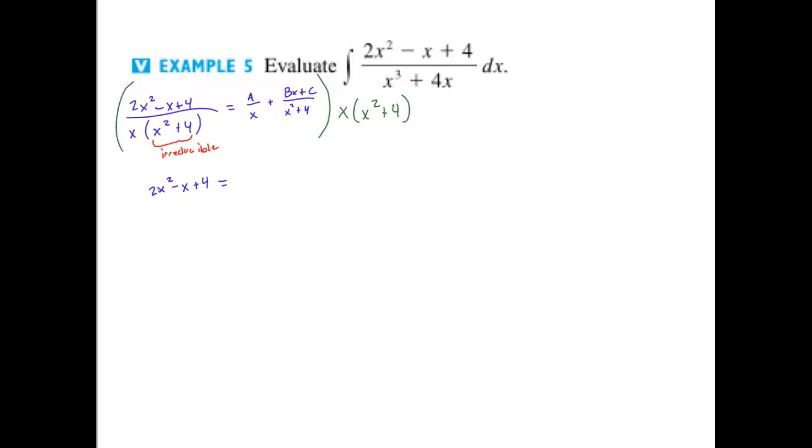The right-hand side, when I multiply the first term, the A over x, the x's cancel, and I'm left with A times x squared plus 4, plus Bx plus C. Now the x squared plus 4's cancel, and I'm just left with x.